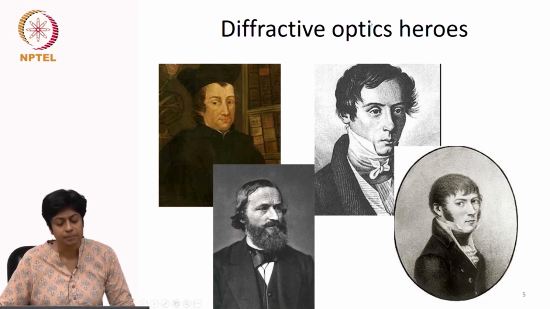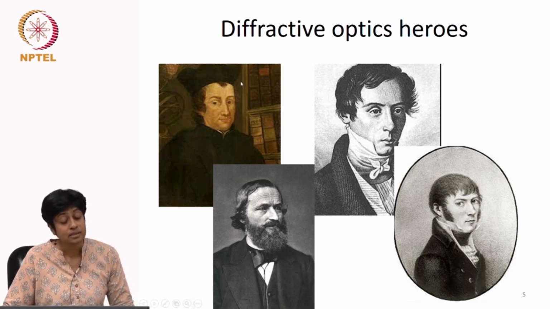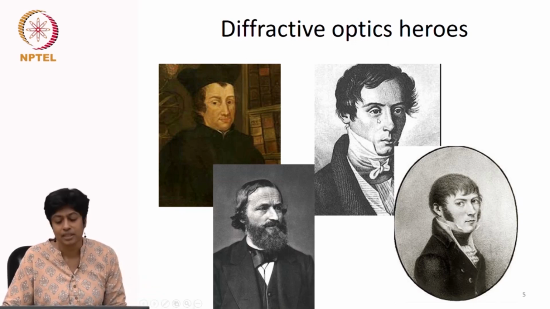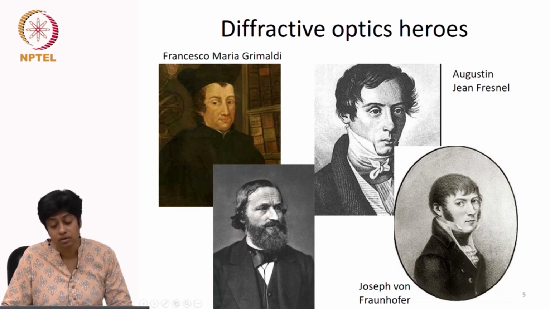The gentleman over here, so this figure over here is from the 17th century. The remaining three are well-known scientists from the 19th century, some of whose names you would have heard. So Fraunhofer, Augustin Jean Fresnel, and Gustav Kirchhoff. These people are famous.